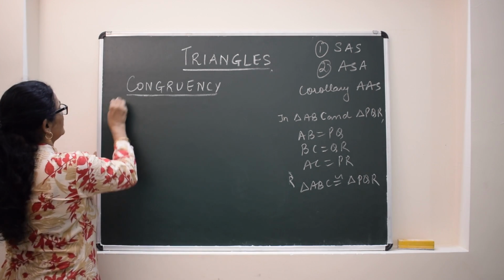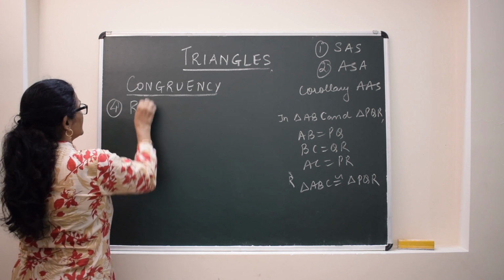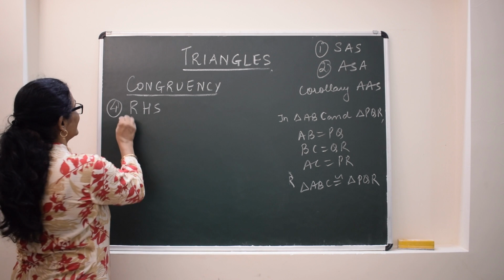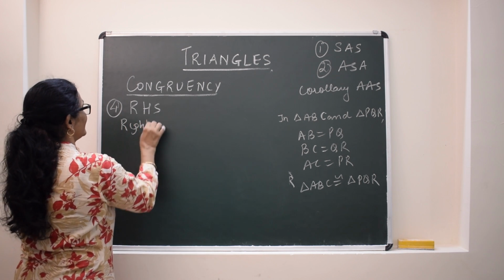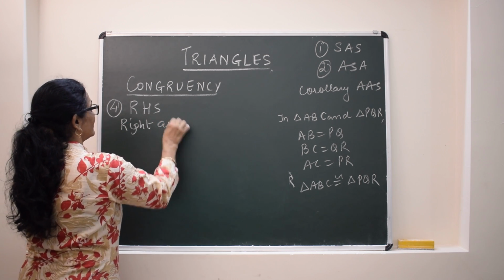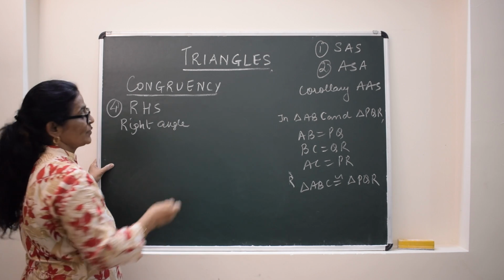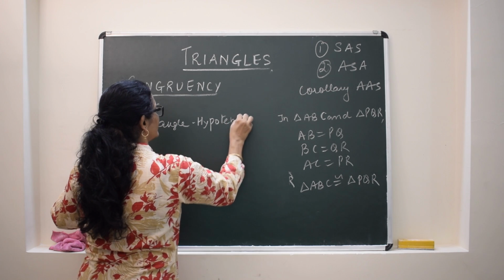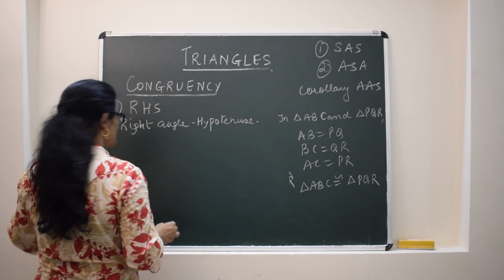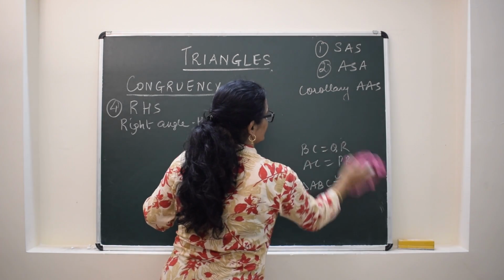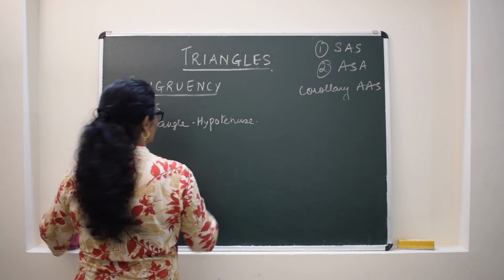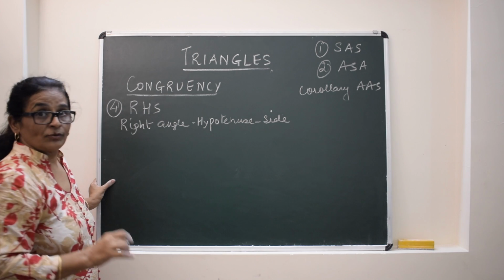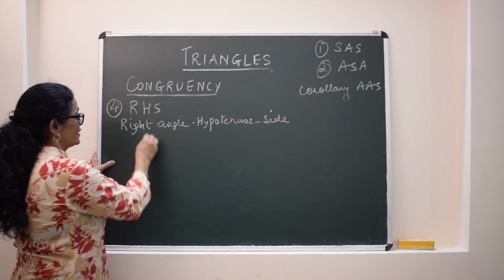So, the fourth one, RHS is not right hand side, it is right angle, hypotenuse, and side. So particularly you have to take 2 right angled triangles.